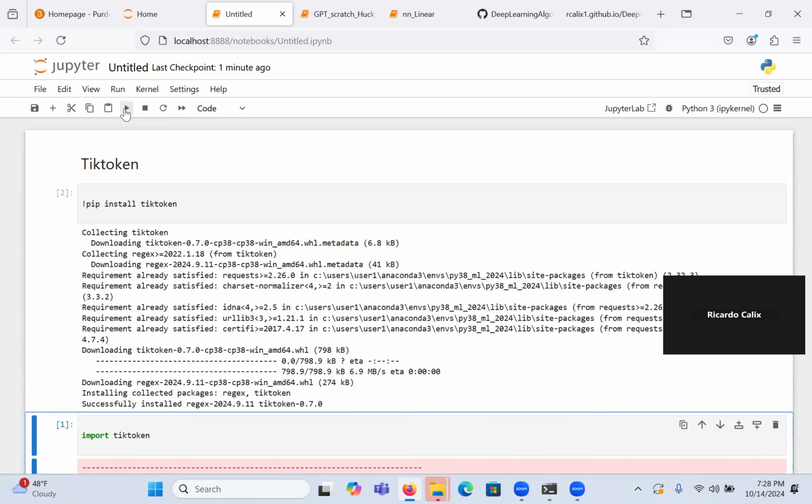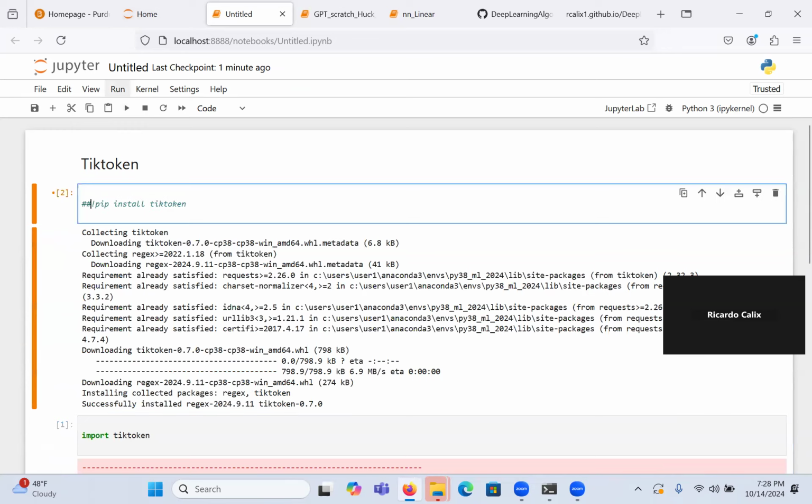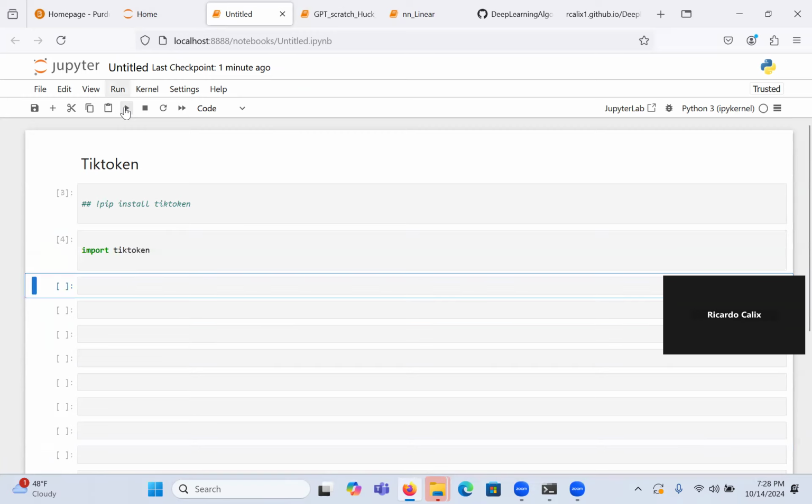Okay, successfully installed. No errors, right? So we have our library.